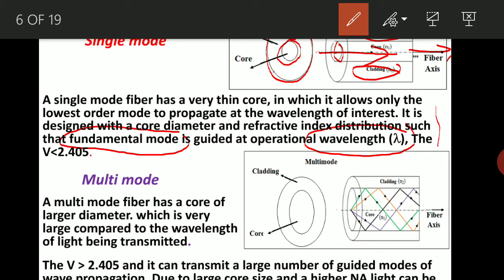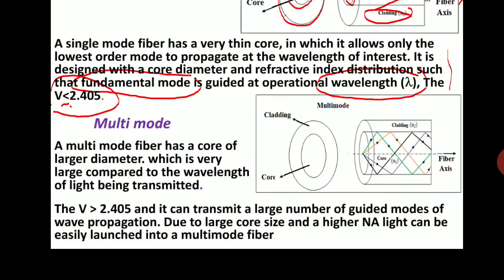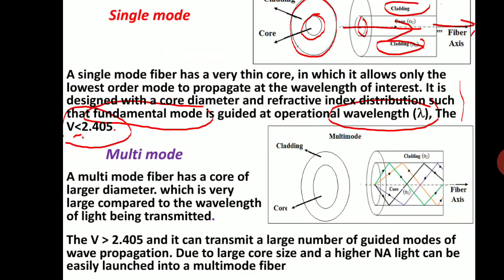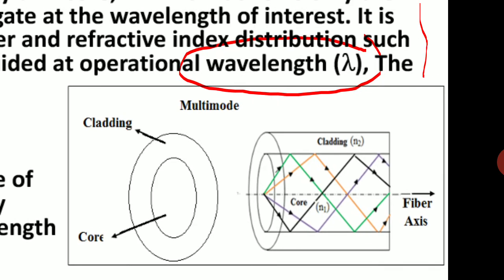And as we discussed in the previous case, based on the V parameter, the value of V is less than or equal to 2.405. So this is nothing but the single mode, meaning only one ray path can travel inside the fiber. Next, similarly we are going to discuss the multimode. First we will try to discuss the diagram.